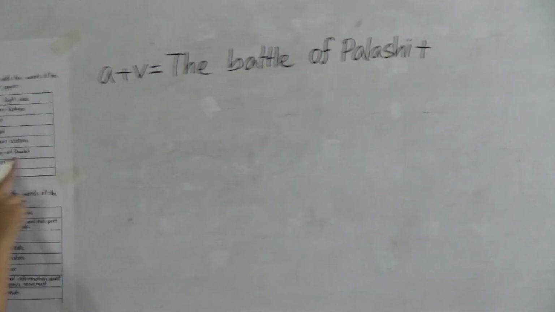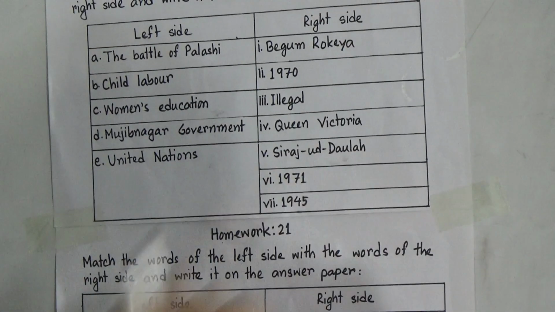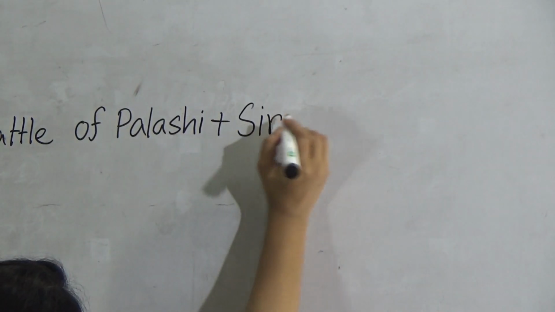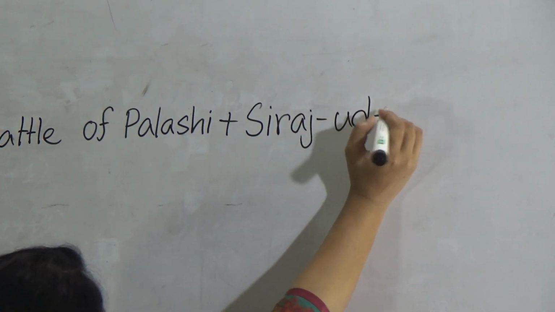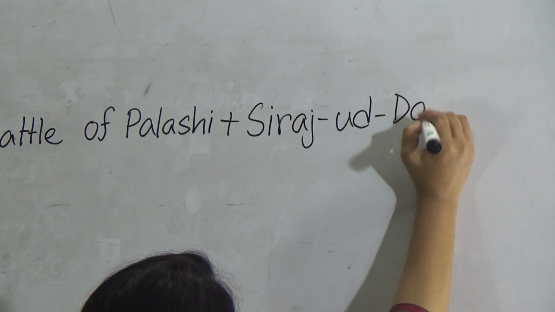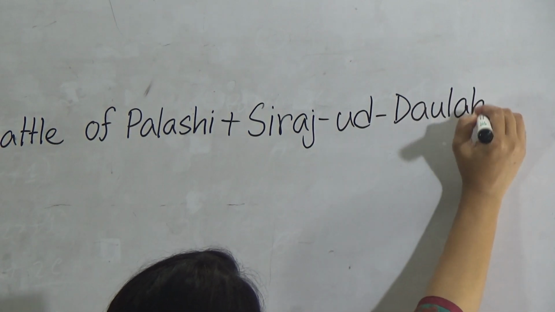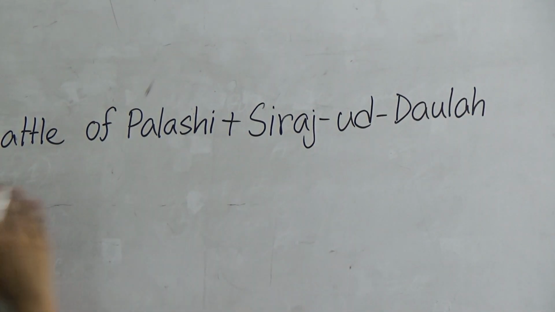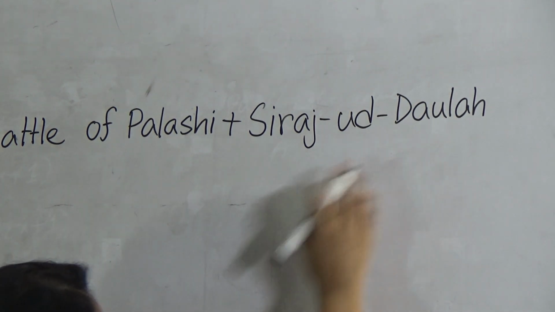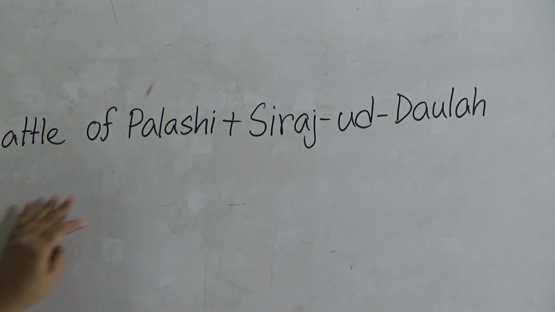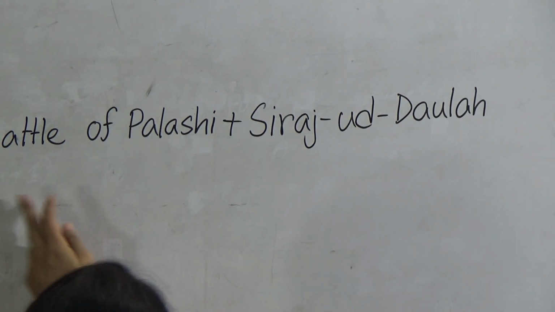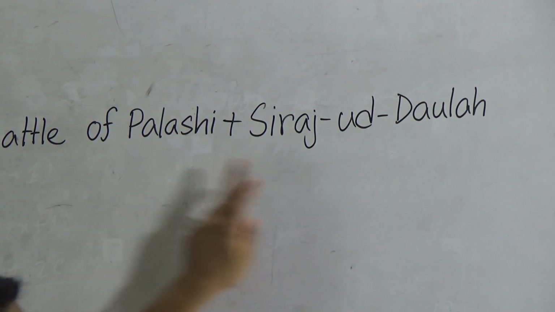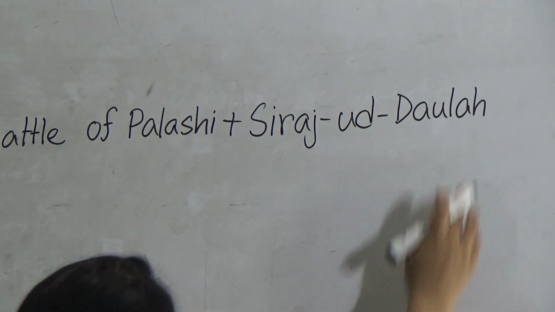Now look, it is Shirajudollah, so we will write here Shirajudollah. And now look, the battle of Palashi plus Shirajudollah. It does not make a sentence, so we will not give a full stop here. But if it makes a sentence, we will put a full stop at the end of the matching.